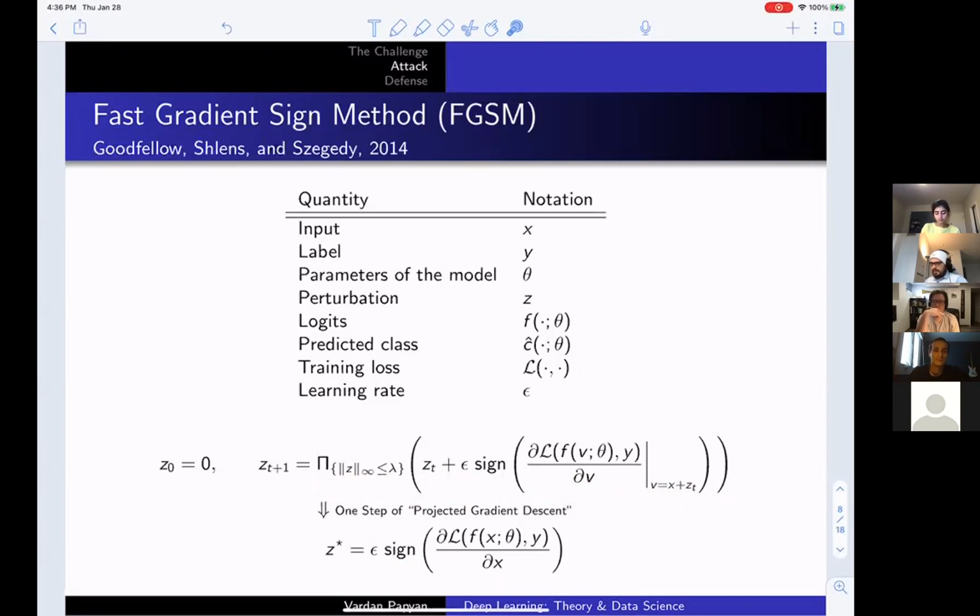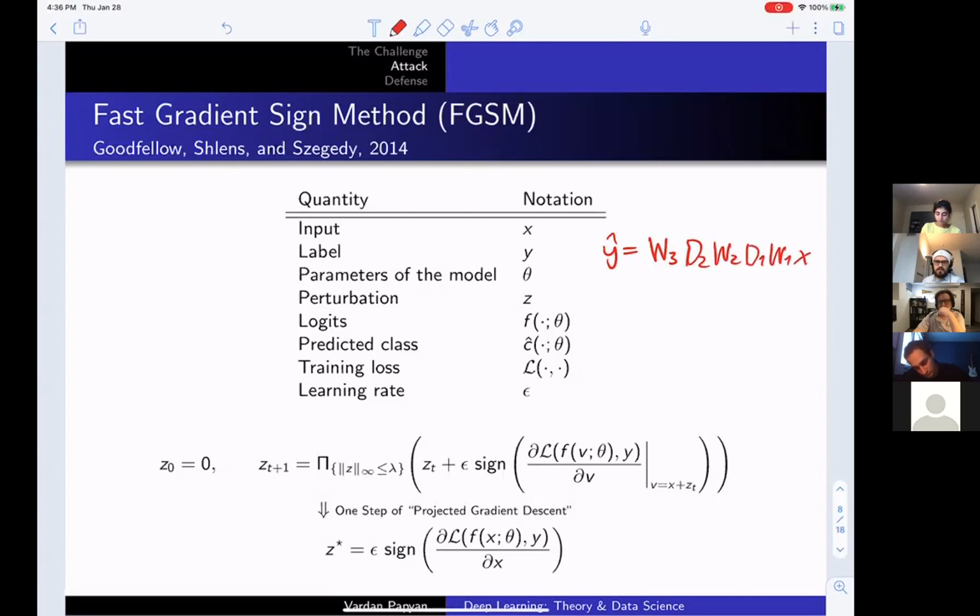And by the way, I should mention that when calculating the derivative of the loss with respect to the input, let's do a simple example just for intuition. Imagine we had a multi-layer perceptron where y hat is equal to W3 D2 W2 D1 W1 x. Hopefully this doesn't look too strange to you.